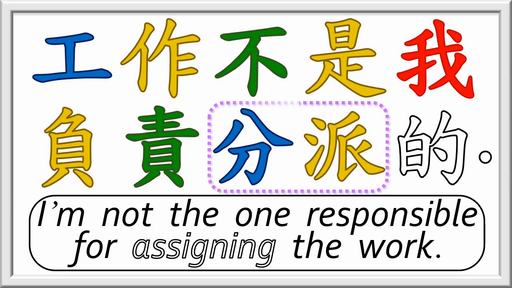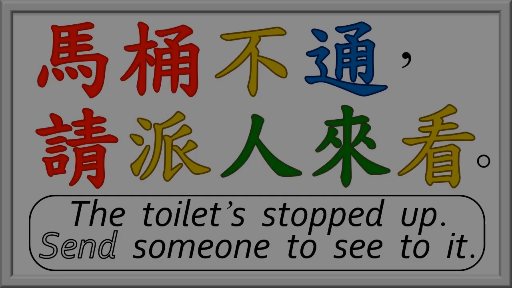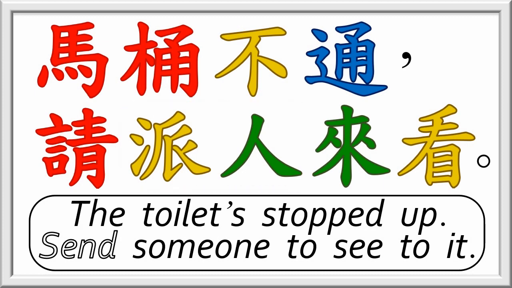分派, or sometimes simply 派, mean to assign jobs and send people off to do them. 工作不是我负责分派的. I'm not the one responsible for assigning the work. 马桶不通，请派人来看.